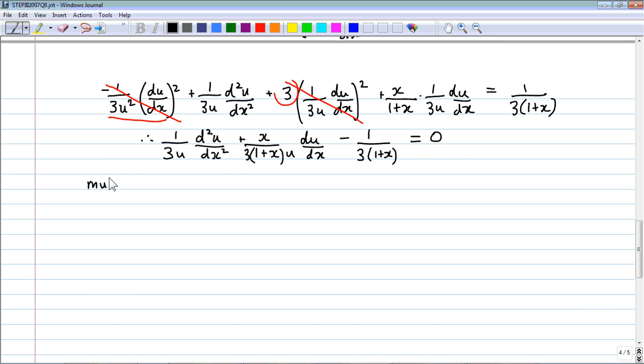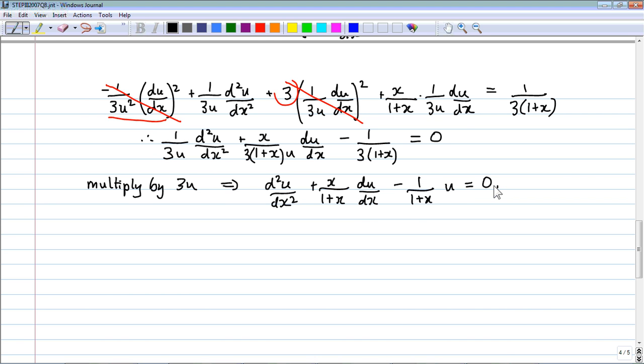So multiply by 3u, and that gives me d2u by dx squared plus x over 1 plus x du by dx minus 1 over 1 plus x u equals 0, as required.